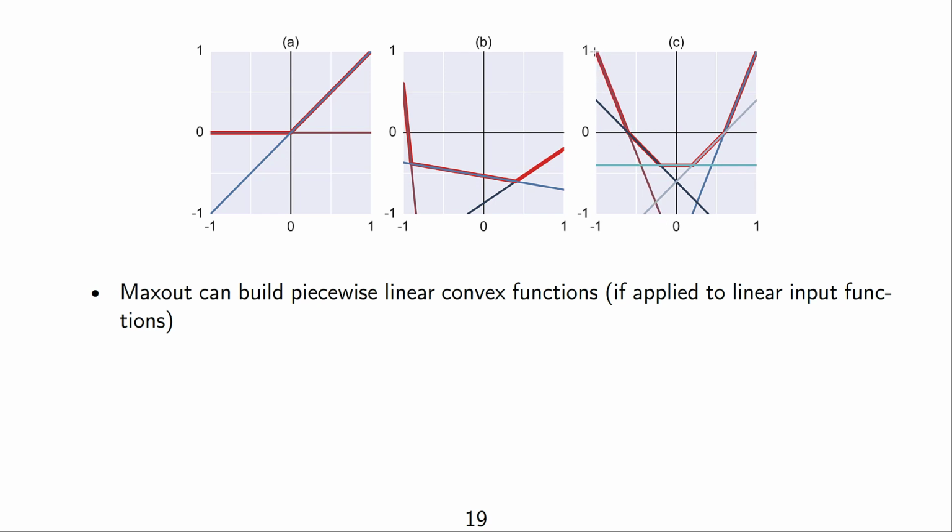So these are linear functions. One possible function would be this one here, another one would be this function here. Then we have one function here, one function here, and then one function here. And the red line shows the maximum of all these blue functions. That would be the output of the Maxout.